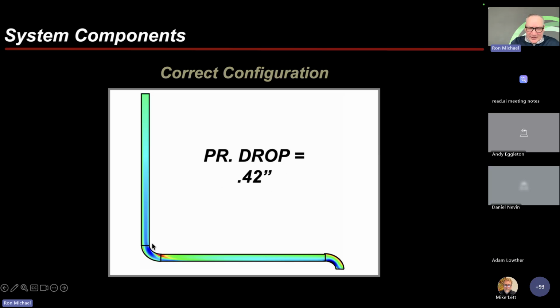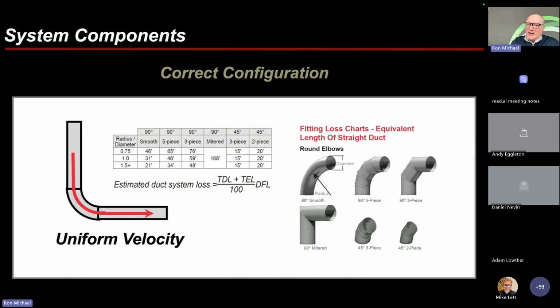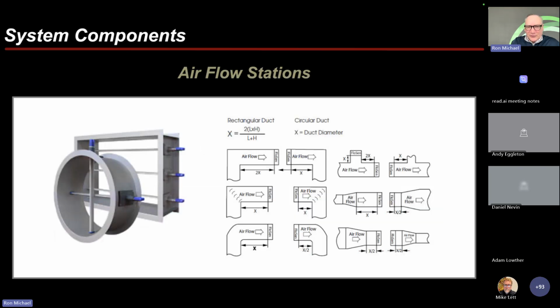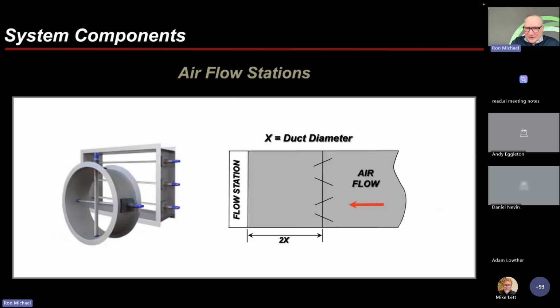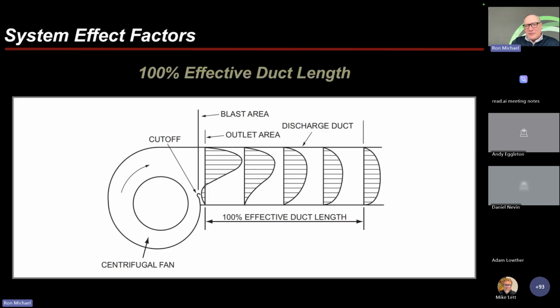So the point being, when you look at a fitting like a simple elbow, SMACNA's data is pretty much based on perfect flow in, perfect flow out. Okay. So you have this with all your components: dampers, coils, filters, airflow stations. Every single component is basically based on that. We also know that you don't have the amount of space all the time.